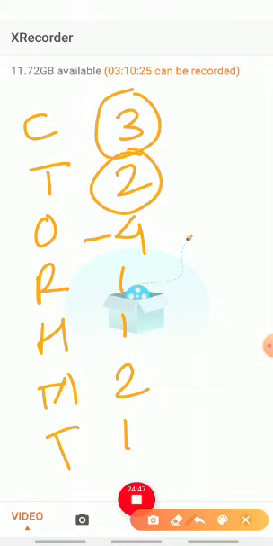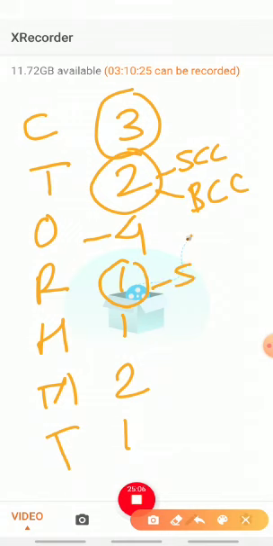This is of 2 types, which means SCC and BCC. Now this is a 4 type: SCC, BCC, FCC and ECC. This is of only one type, which means only SCC. This is one type, only SCC.